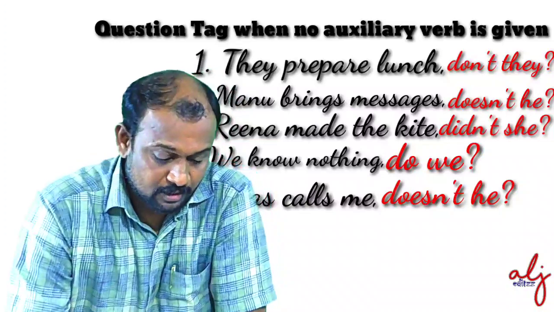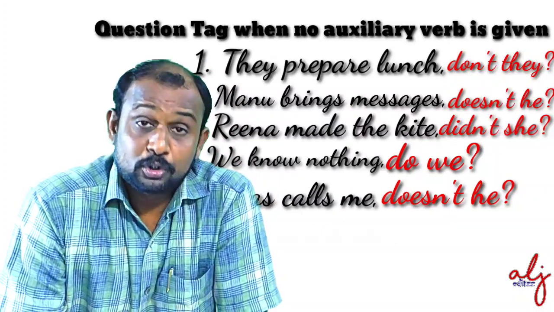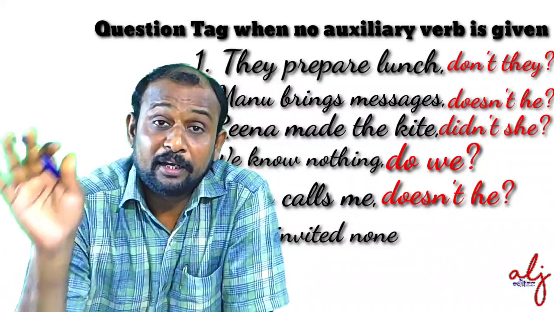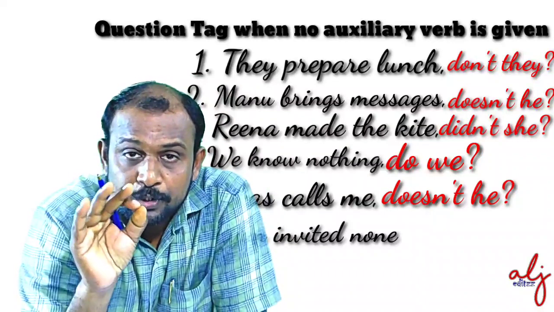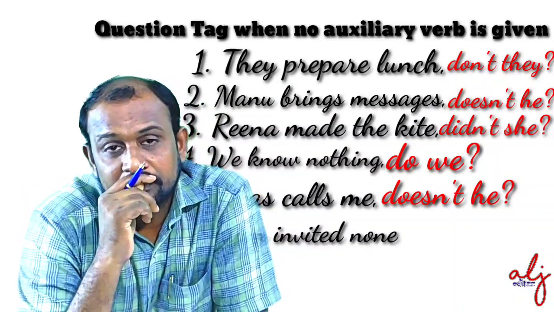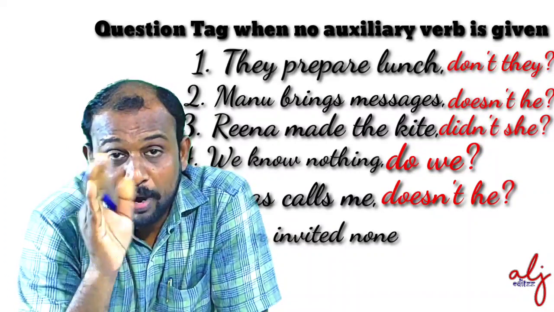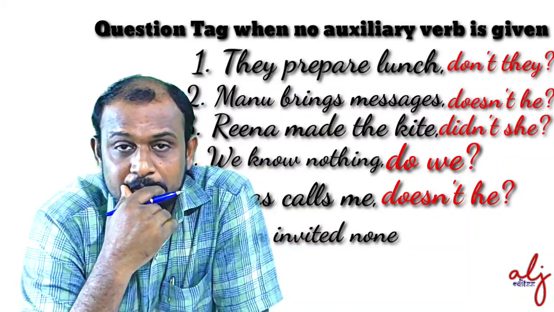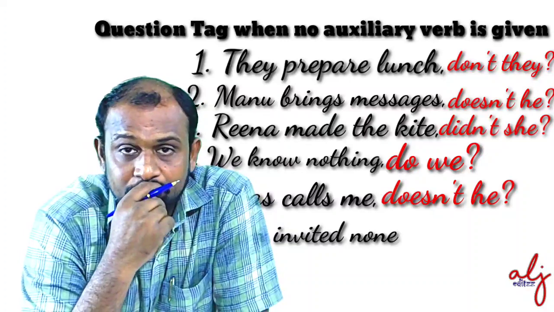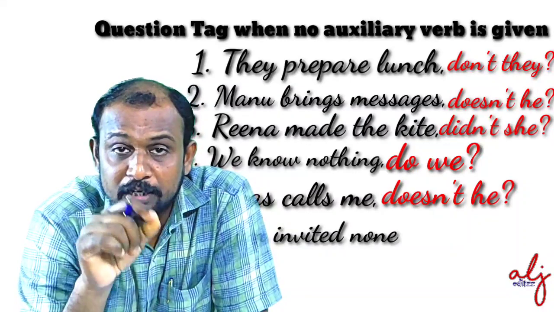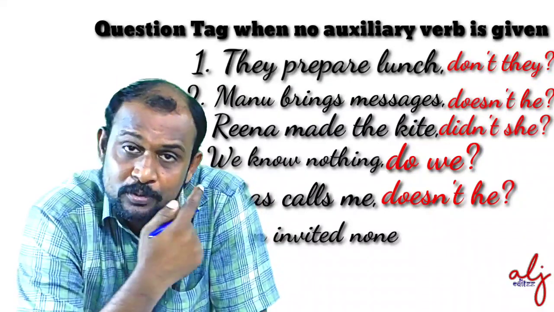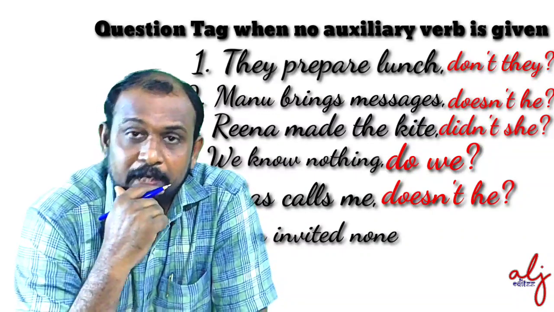Alright? Next one. Srujan invited none. Again, no helping verb. Invited, past tense. So you have to go for did. See the sentence. Srujan invited none. None is a negative word. So this is, of course, a negative statement.